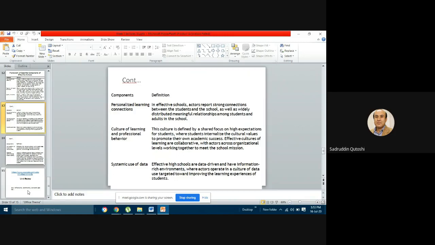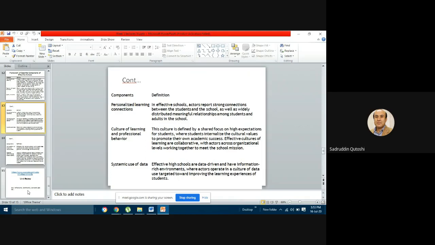lackings in your school. Similarly, when you look at personalized learning connections, in effective schools, actors report strong connections between students and schools, as well as widely distributed meaningful relationships among students and adults in school. So yet another essential component of effective schools is personalized learning connections.